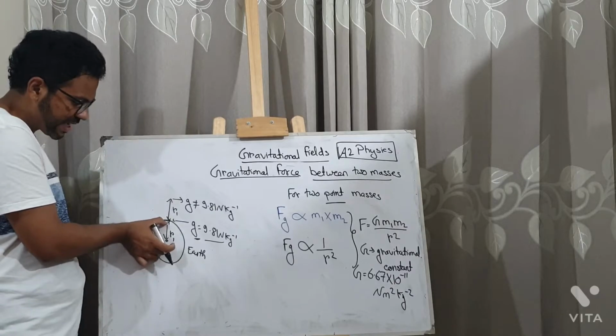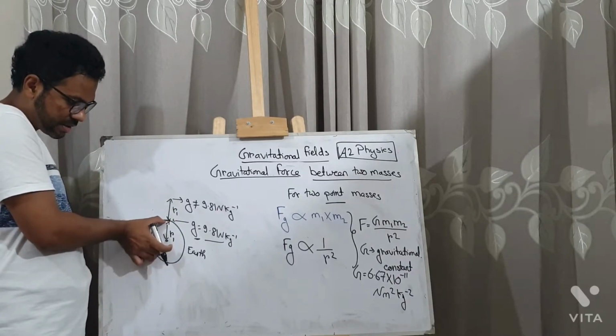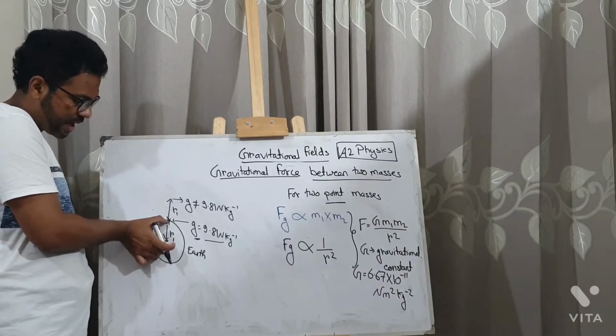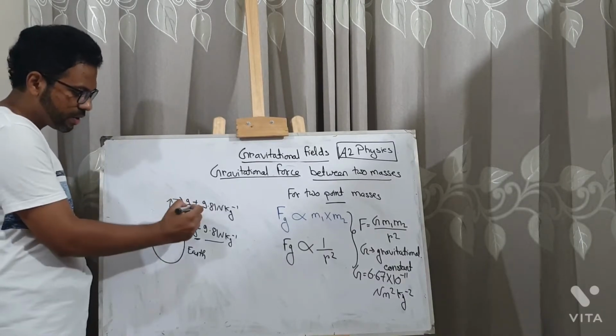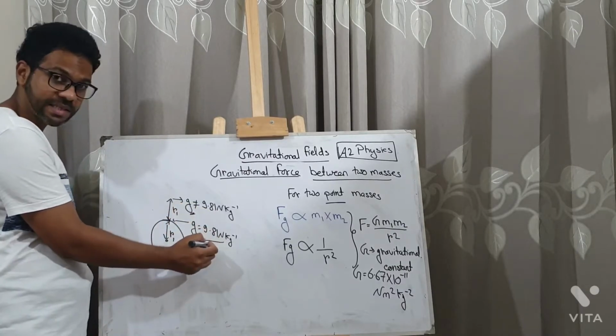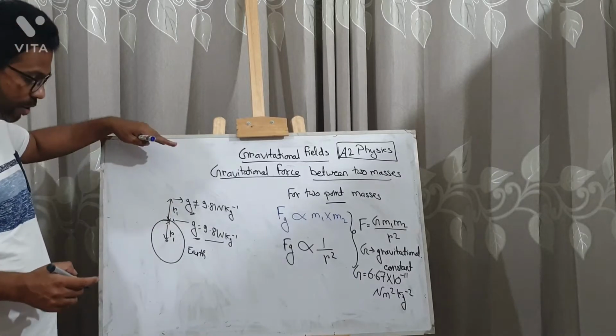Now, if you go the same distance above the surface of the Earth, say this is 6,500 kilometers, and you go another 6,500 kilometers above the surface of Earth, you cannot say the gravitational field strength will remain the same. Okay, so the gravitational field strength will decrease as you go further above the planet.